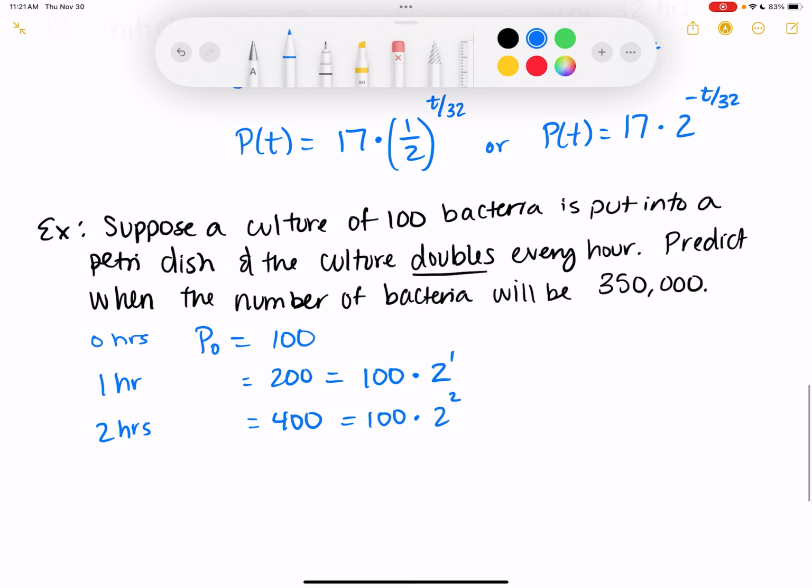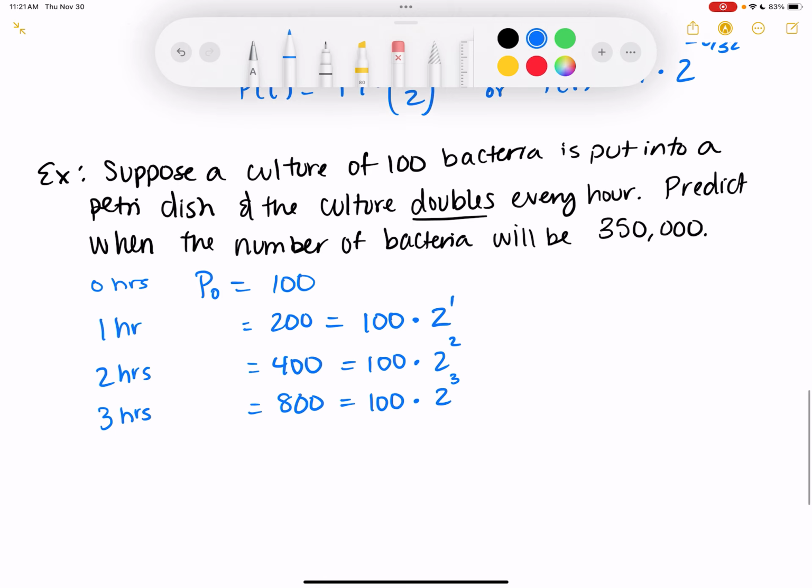Then at 3 hours, okay, and I'm being a little dramatic. I would not actually write all of these if I was just doing this problem, but I want you to see how we get what we get. I double that number again, so that's going to be 800. So how do I get there? 100 times 2 cubed. So generically, how might I need to write this for just P of t?